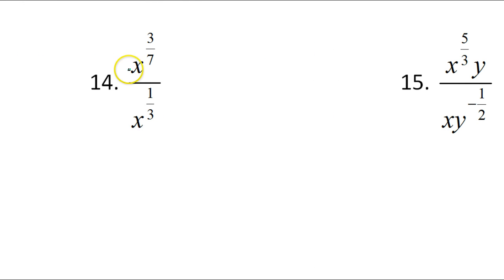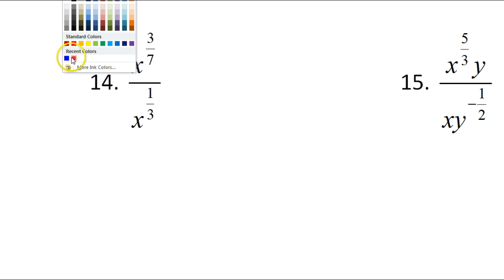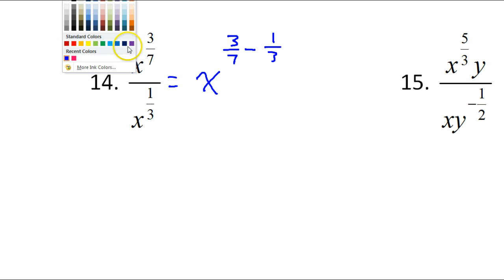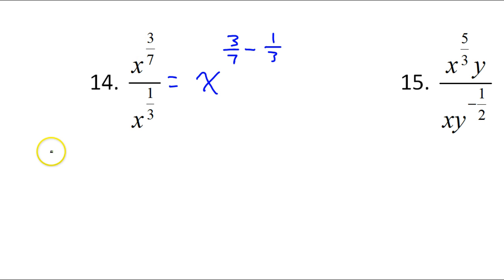Okay, number 14. If the bases are the same, then we can do the exponents. So the bases are the same. So that means we can go ahead and do x to the, now when you're dividing, you subtract the exponents. So we have to do 3/7 minus 1/3. Okay, so once again, off to the side somewhere, we can do this calculation. 3/7 minus 1/3.